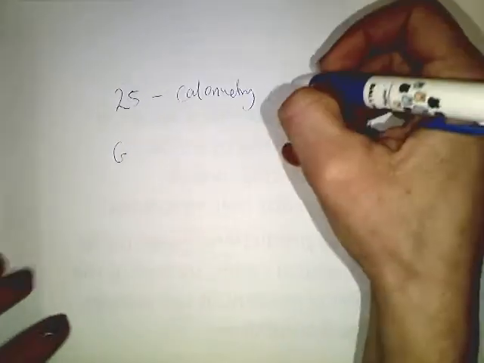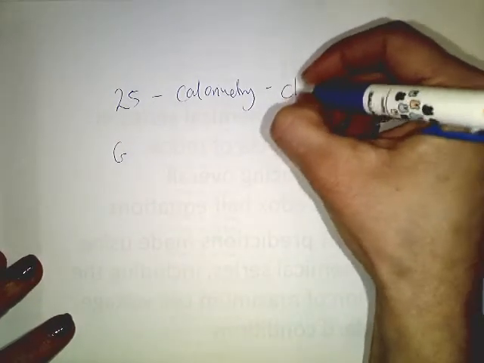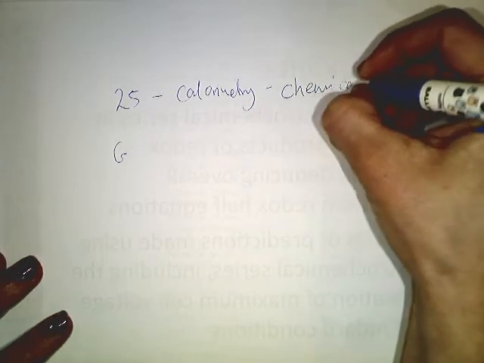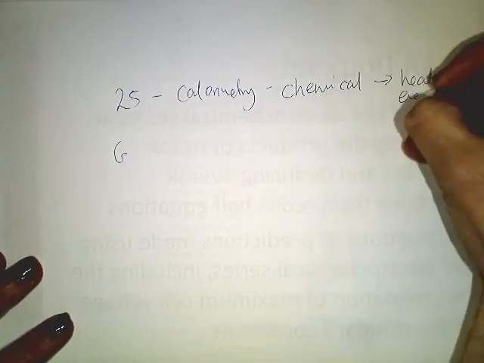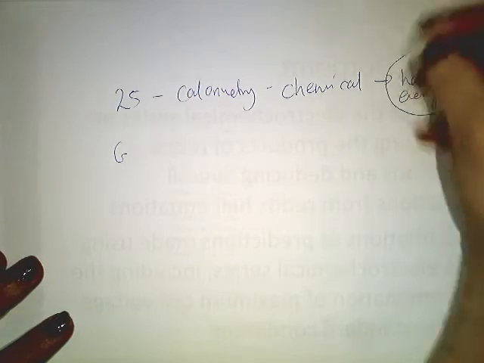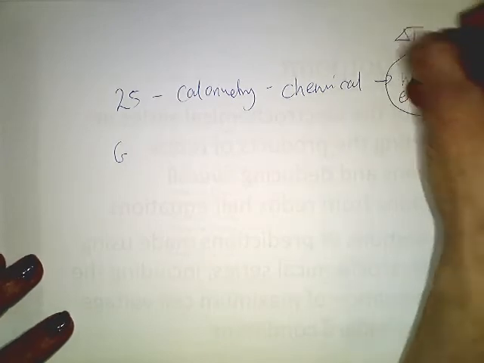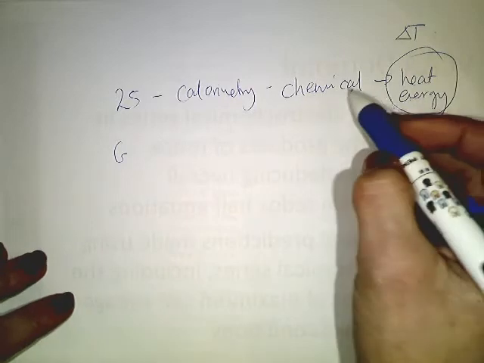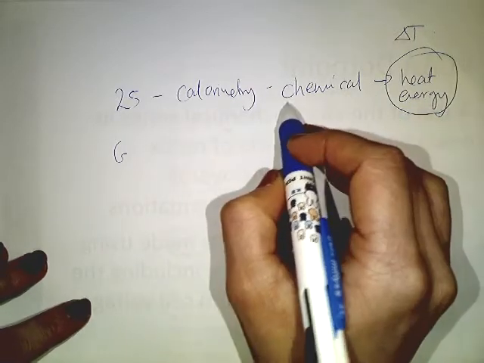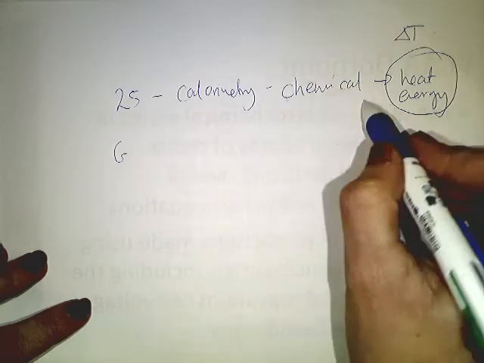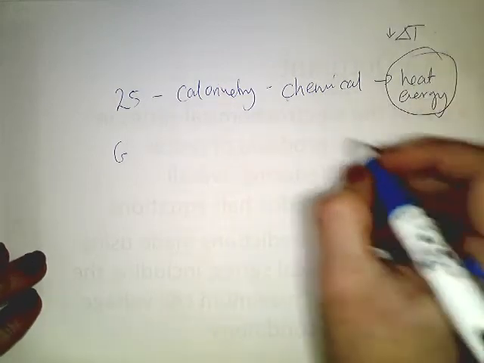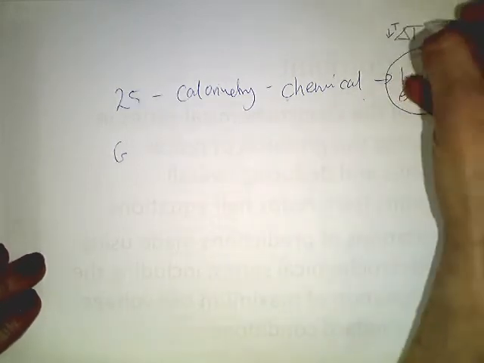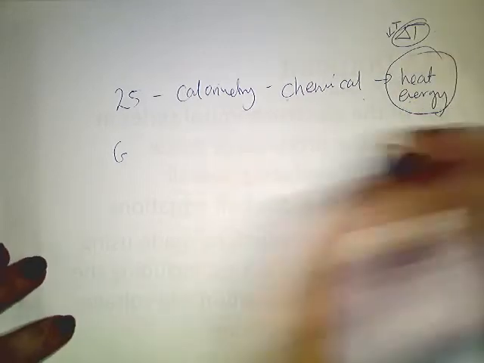It relies on reactions converting chemical energy to heat energy, and we measure this heat energy in the form of a temperature change, so we can determine the energy released or absorbed by the reactants. If absorbed, you get a reduction in temperature. You still get delta T though.